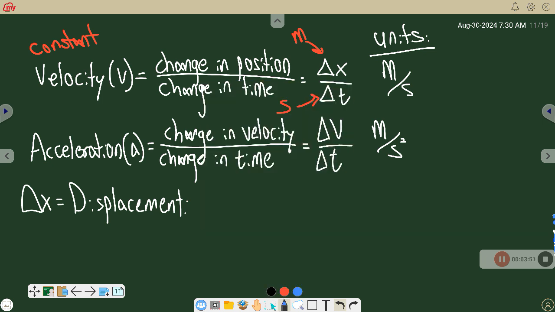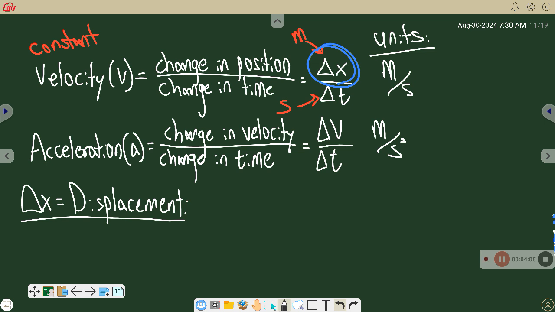All right, now let's focus in on this variable right there. Delta x, change of position. In physics, it's really important. We actually have a separate term for what it is. We call it the displacement of an object.